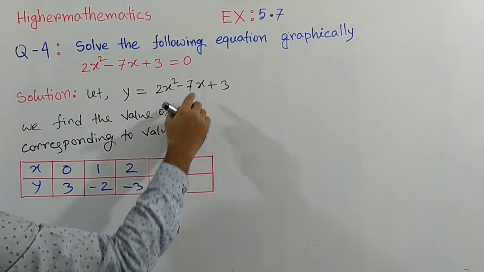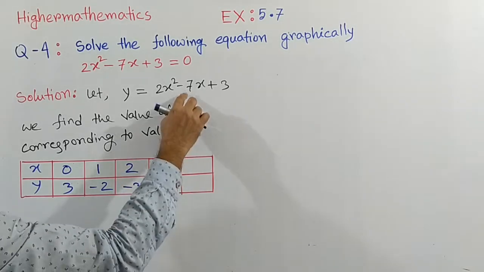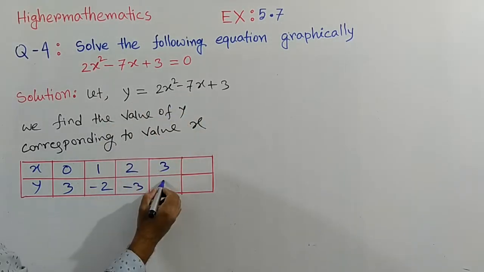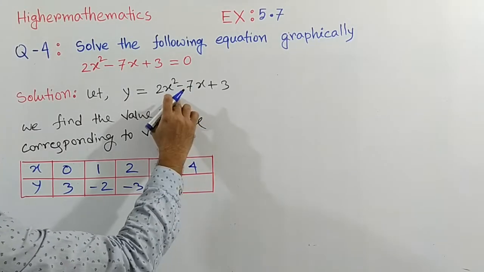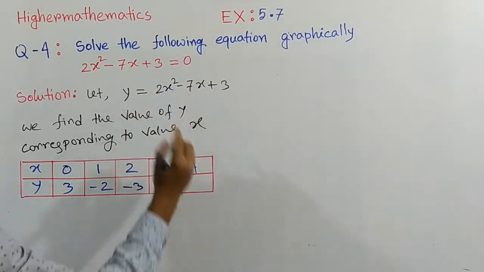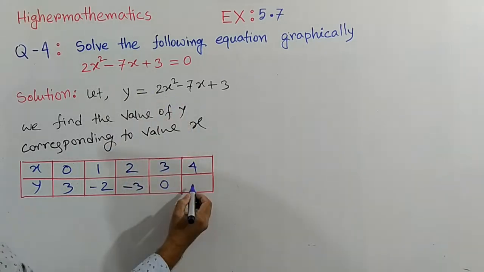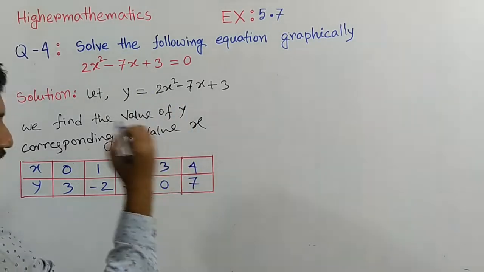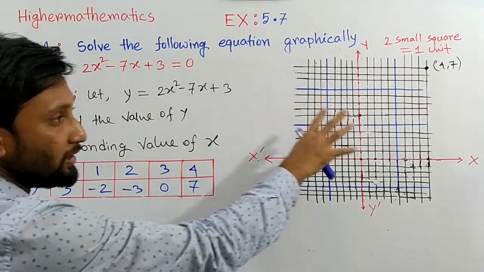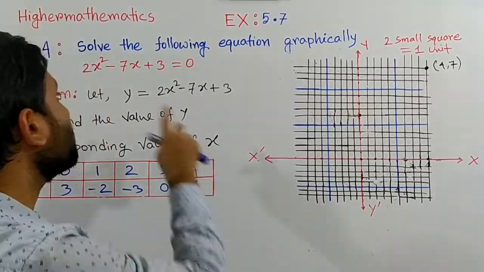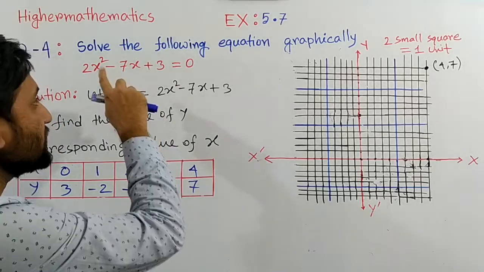If x equals 2, y is −3. If x equals 3, y is 0. If x equals 4, y equals 7. Now, plotting the points from the table on the graph, we can find the solution of this equation.